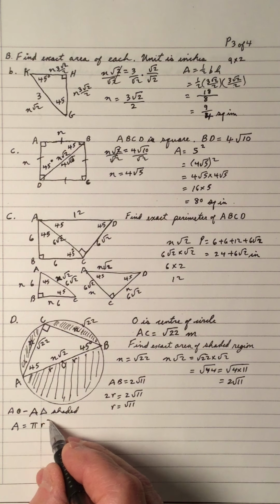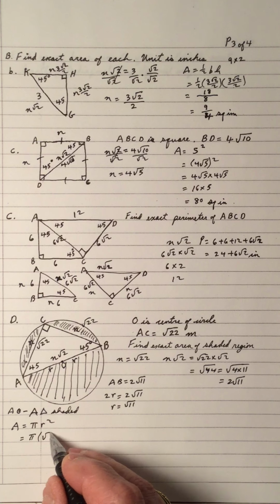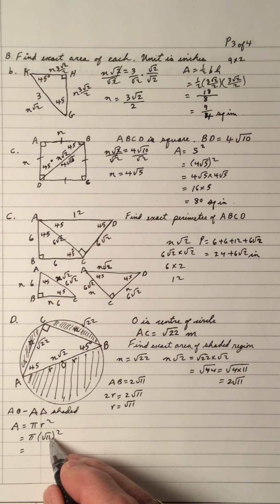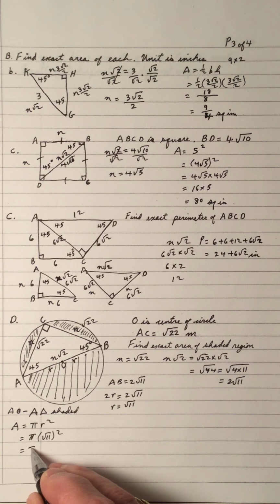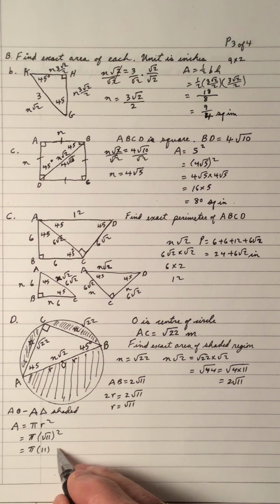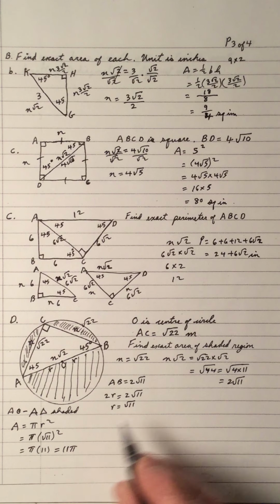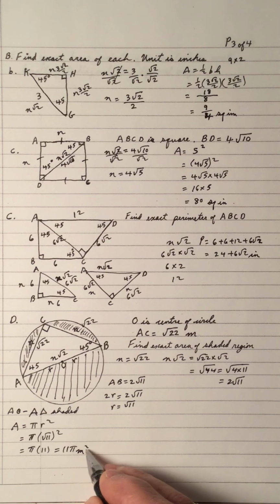Pi r squared. The radius is root 11, so root 11 squared, root 11 times root 11 is 11. So the area is 11 pi. But the units is in meters, so this is square meters.